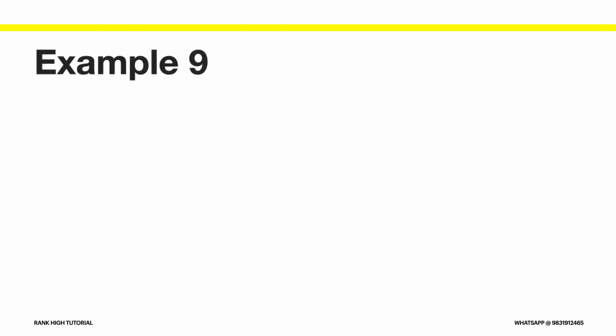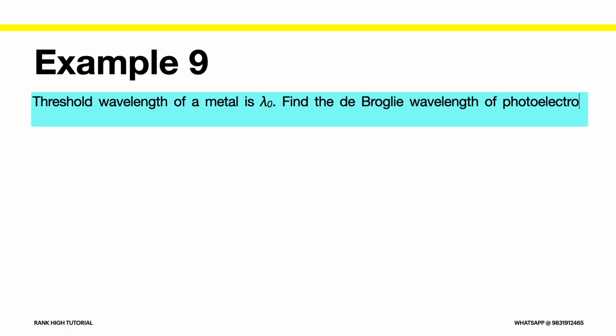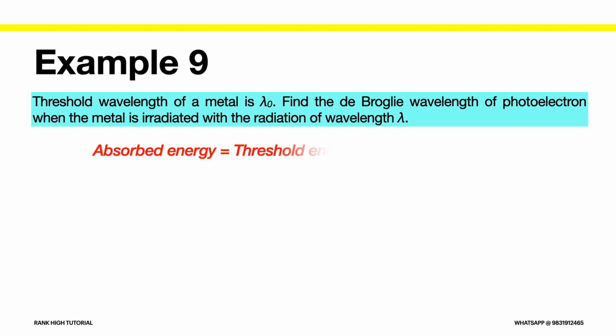Next, it is given that the threshold wavelength of a metal is lambda 0. Find the de Broglie wavelength of the photoelectron when the metal is irradiated with radiation of wavelength lambda. We know absorbed energy equals threshold energy plus kinetic energy of the photoelectron.